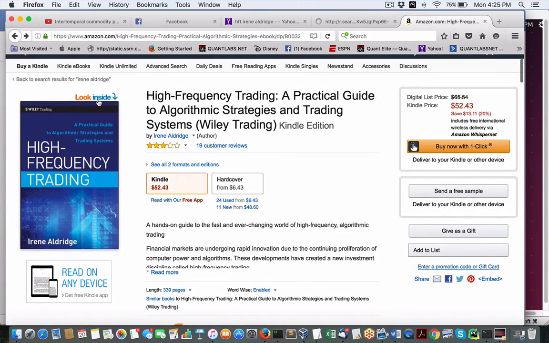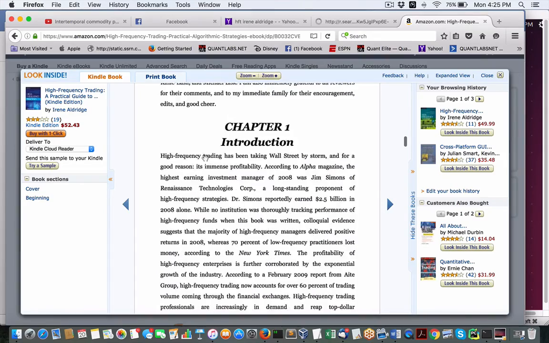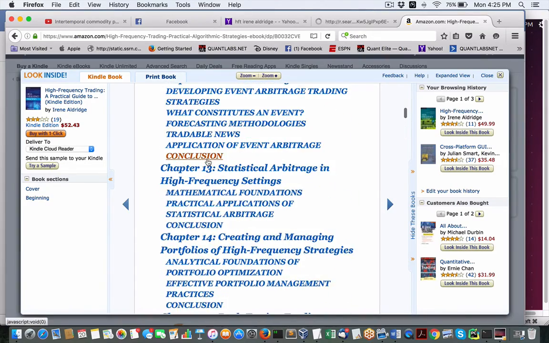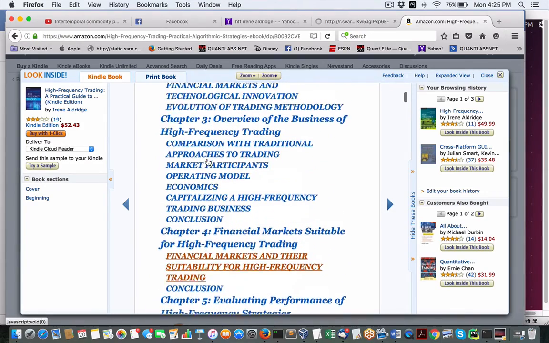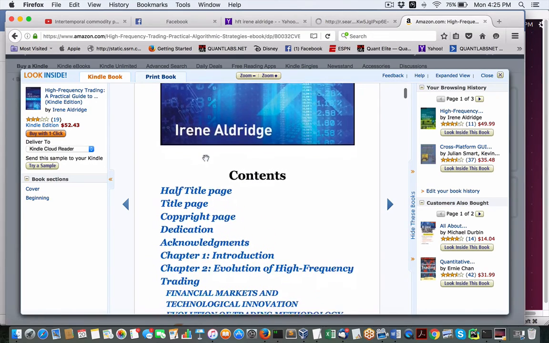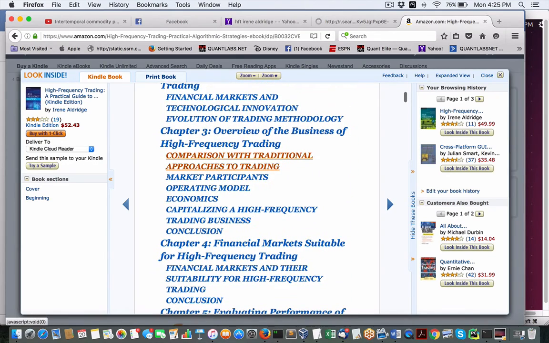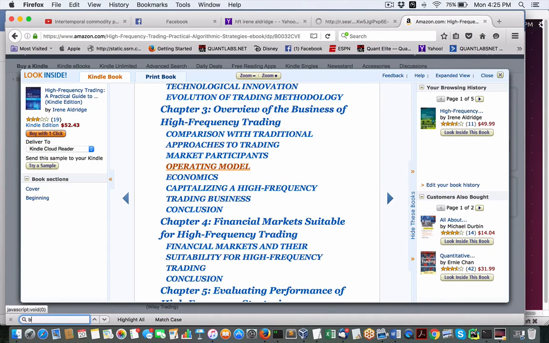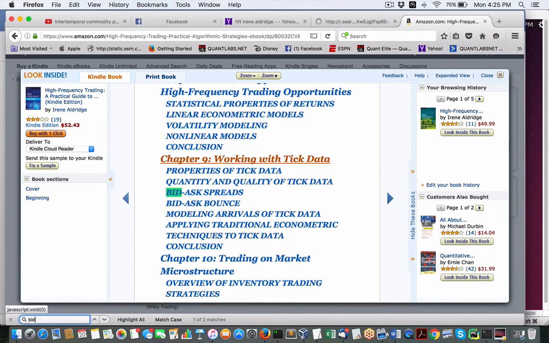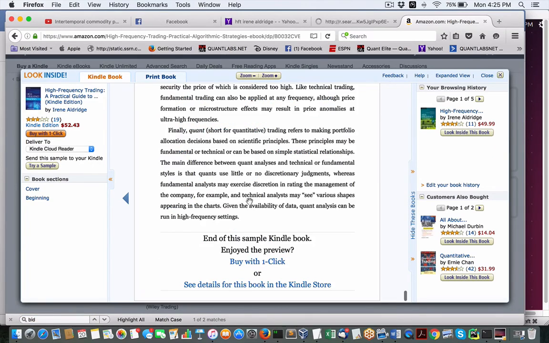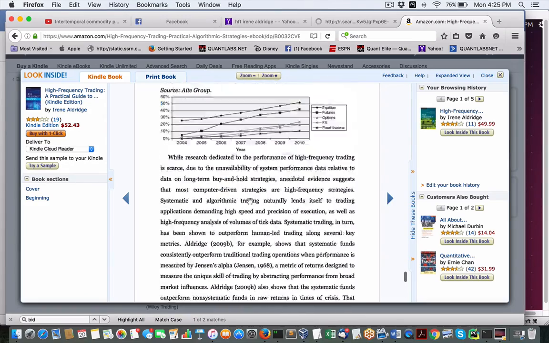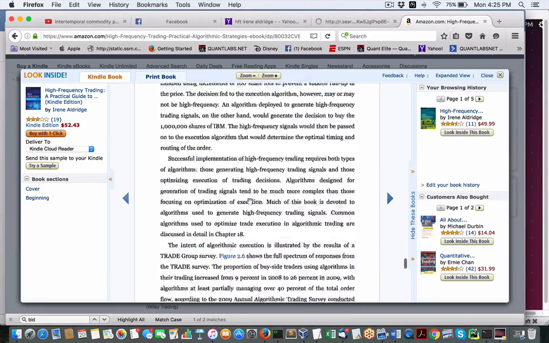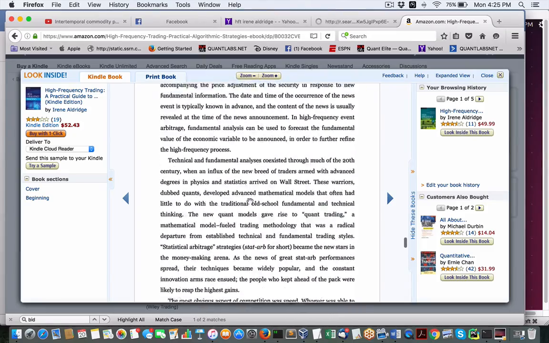Okay, look inside. There's got to be something in here. I don't think there is a search. Let's see, bid. There you go. Chapter 9, bid-ask spread, working with tick data. Obviously, you can't get access to it, but there you go. It's in the original book, I think.